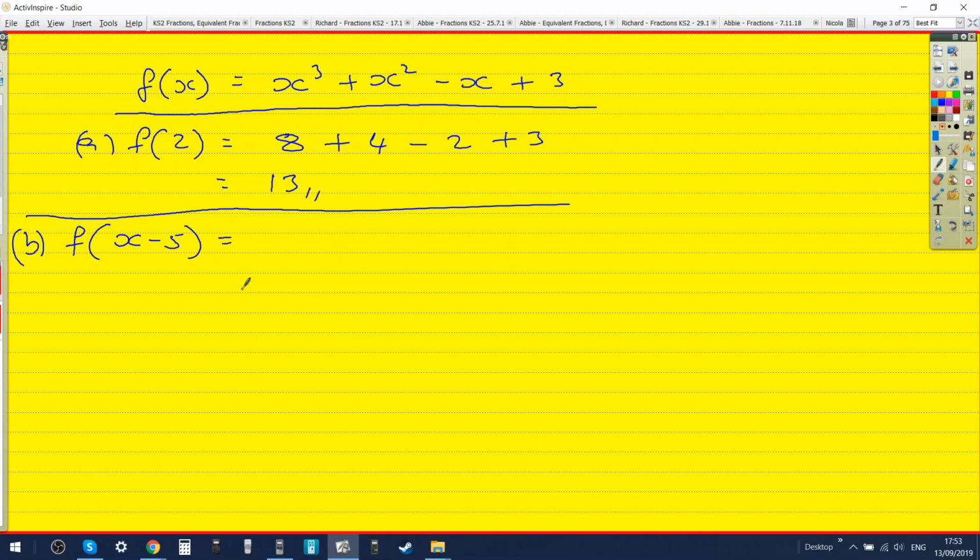What am I looking for? Well, the first bit would be x minus 5 cubed. Oh, okay, so it's the structure of the one above. So x minus 5 cubed plus x minus 5 squared minus x minus 5 plus 3.